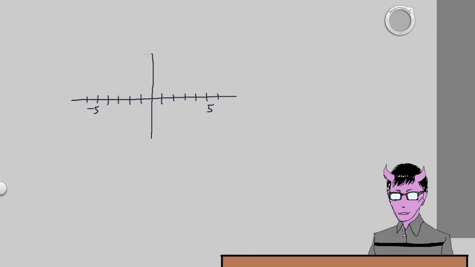No commitment to the y-axis, but let's graph. So we have a 0 at 1 and 4.